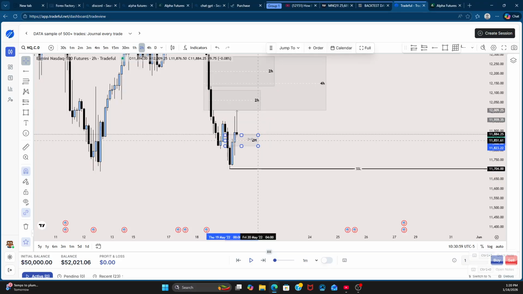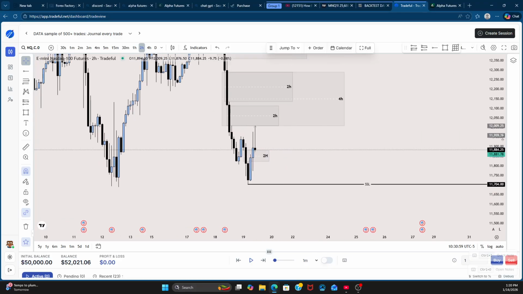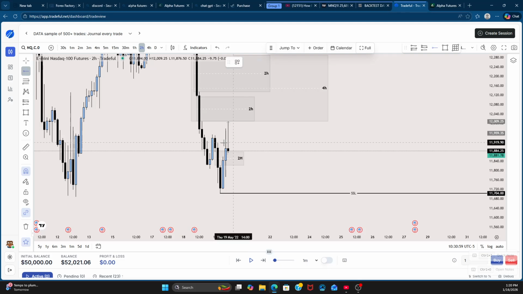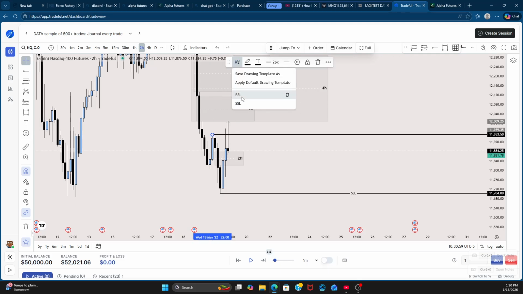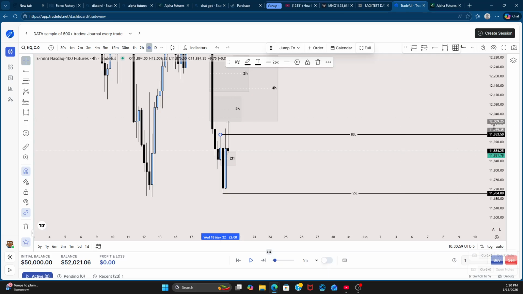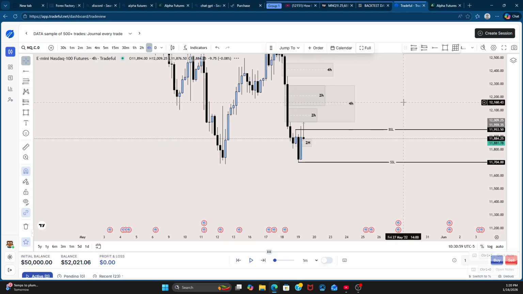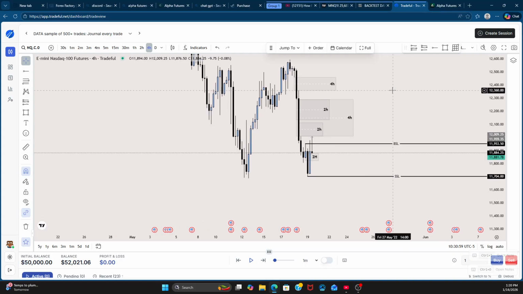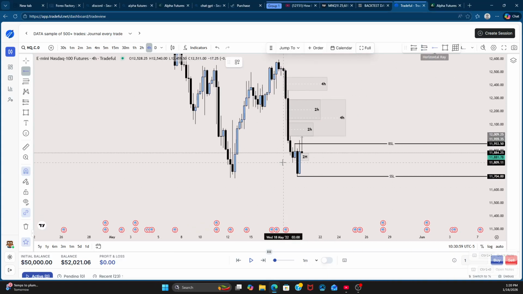We have a 2 hour gap here. This gave an inversion too. I'm going to go to the 4 hour. I'm just going to take pictures. Was that a sweep?